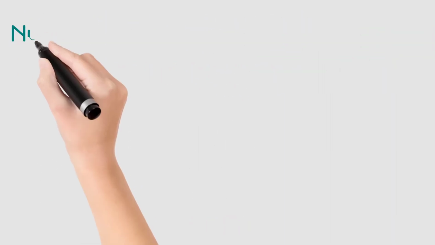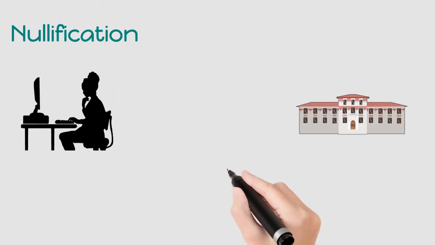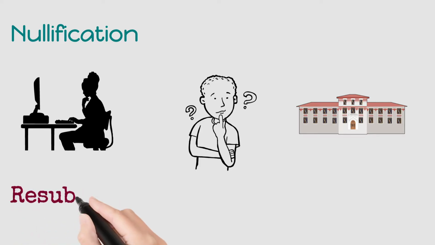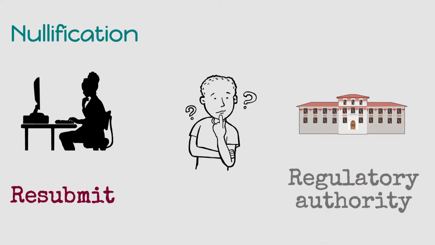On the other hand, the concept of nullification is applicable when, after the ICSR report has been submitted to the regulatory authority, you realize that the submitted case does not have the 4 valid criteria in it. In such a scenario, we cannot directly delete the case from the safety database. Here we need to resubmit the case to the regulatory authority, stating that the case was erroneously or by mistake submitted to the regulatory authority.